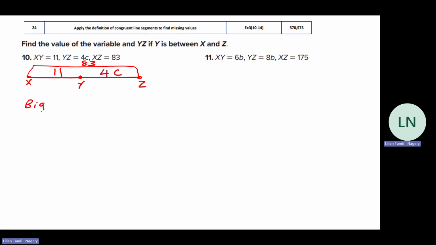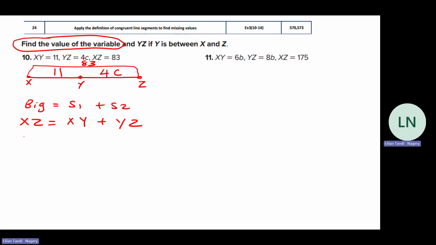Big equals small 1 plus small 2. Find the value of the variable. So your answer is C equals. Big is XZ. Small 1 is XY, small 2 is YZ. XZ is 83. XY is 11 plus 4C.